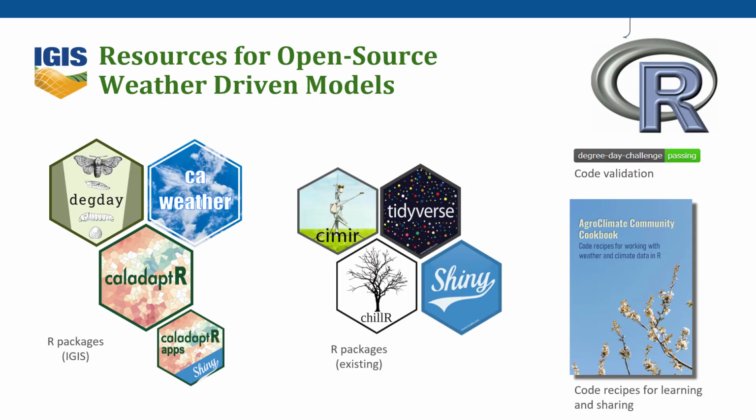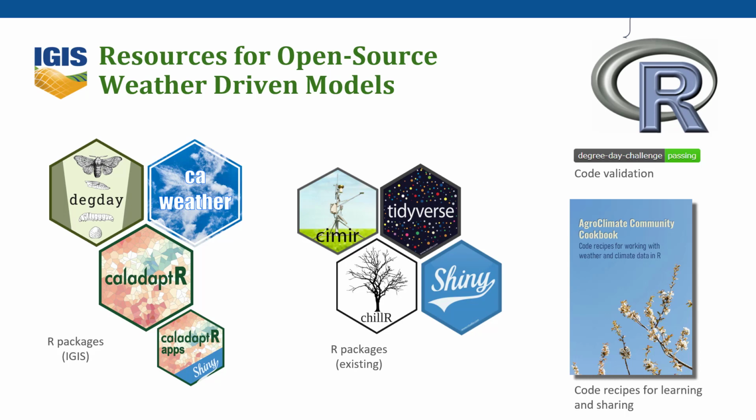What my group has been working on are a set of resources for open source programming languages that can empower anyone with a modest amount of programming or data science experience to mix and match agroclimate models and weather data sources for different types of analysis or decision support. Now, granted, these programming tools are beyond the reach of most growers, but they're very much within the reach of the vast numbers of students and data-savvy professionals who have taken a class or two in R or Python.